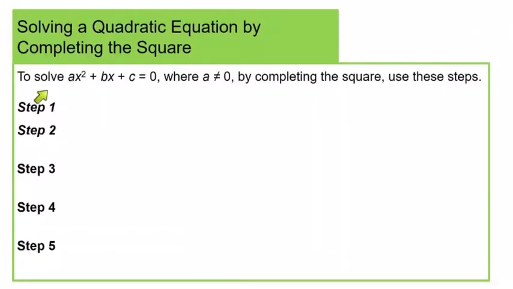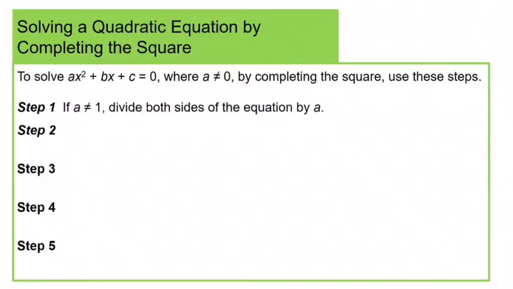So to solve an equation that's in the form ax squared plus bx plus c equals 0, in other words, a quadratic equation in standard form, by completing the square, these are the steps. Step 1 is that if your x squared coefficient is not equal to 1, you need to divide both sides of the equation by that coefficient. And that makes sure that your first term is just 1x squared.